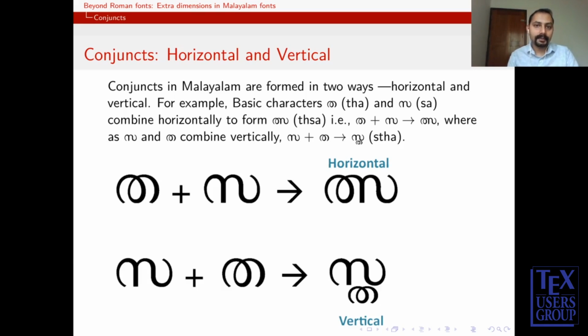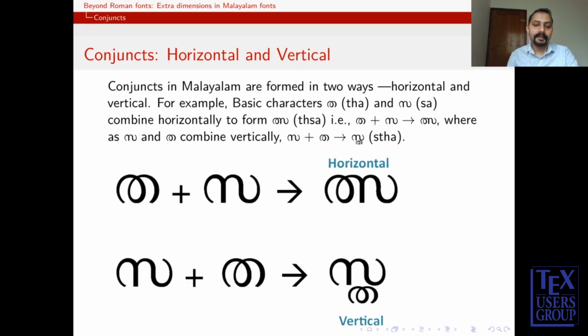So the horizontal conjunct format you have seen earlier, and another one here is the Malayalam character ta plus sa forms a horizontal conjunct sa. On the other hand, sa joins with ta to form a vertical conjunct stha.